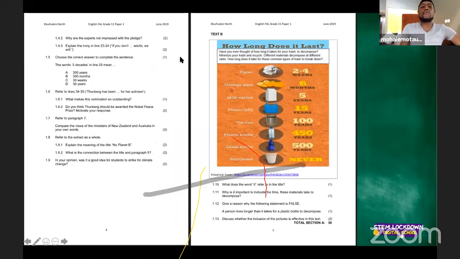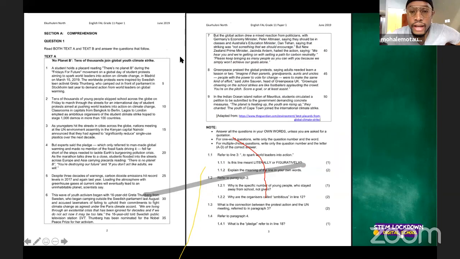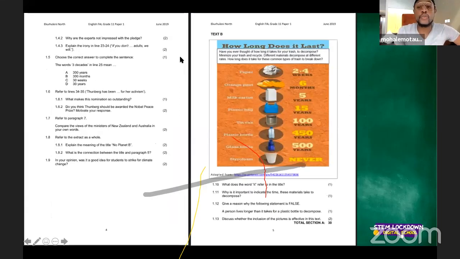Now, we have 2 ministers here that have 2 different views about the striking that is happening. That is on question 1.7. So when we are comparing the views of both ministers, we can see that the Minister of New Zealand says, yes, the strike should happen because we need this to happen. But the Minister of Australia says, no, we can't have this happening.